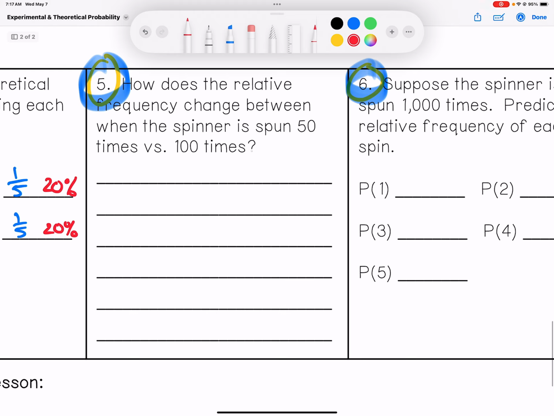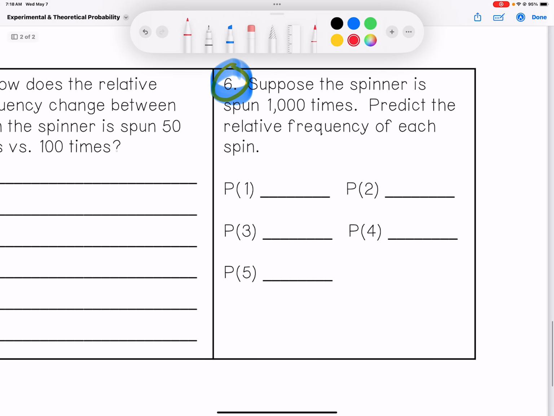All right, let's talk about number 5. How does the relative frequency change between when the spinner is spun 50 versus 100 times? You're going to have to tell me how it changed because I don't have the numbers yet. You're going to do that, okay? On number 6, suppose the spinner is spun 1,000 times. Predict the relative frequency of each spin. What should it be if we spin it 1,000 times? Okay?